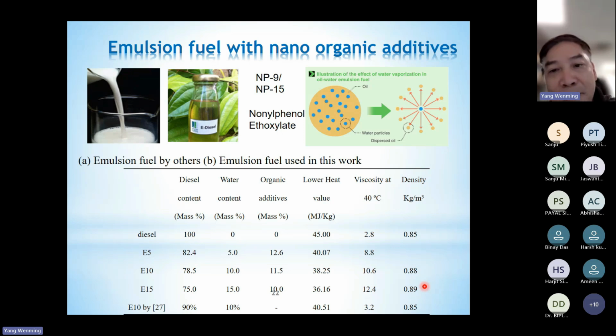Why is the density of emulsion fuel higher than that of diesel fuel? Anyone knows? Sir, because it is an emulsion. Diesel is completely liquid, but emulsion has some particles, other state.